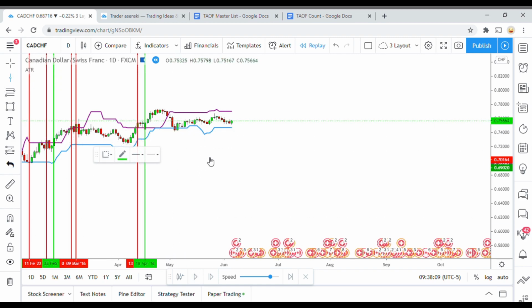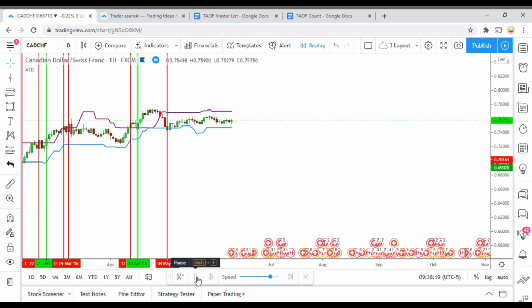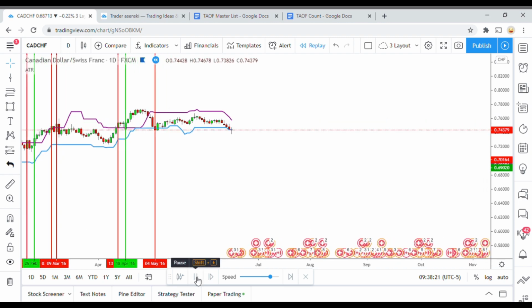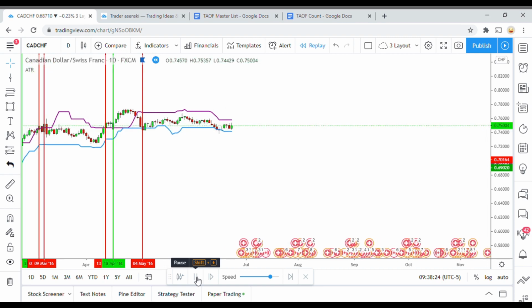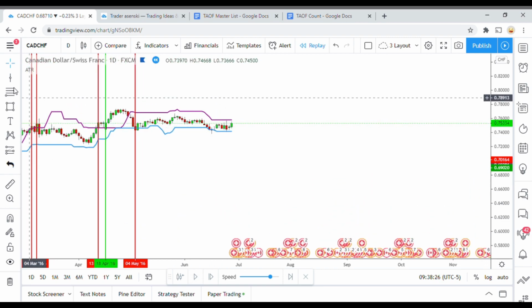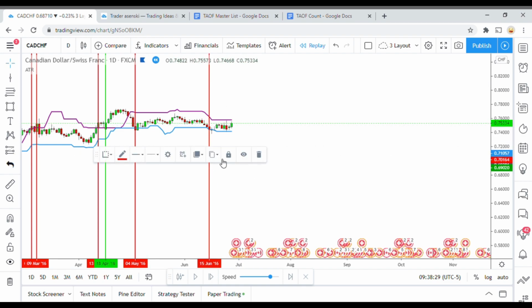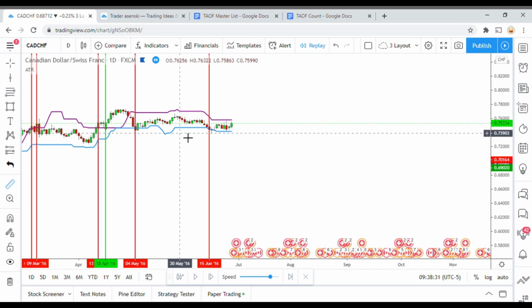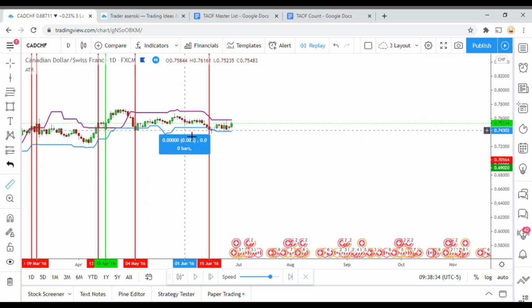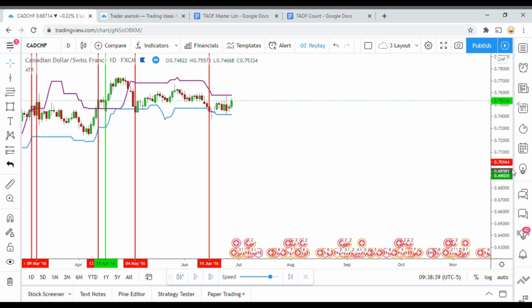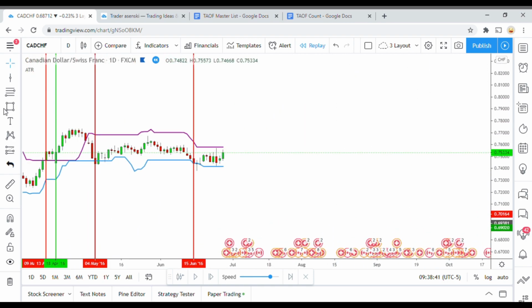Let's see, we get that right there. And you see that it ranged out right there. Move to the downside there. Zoom in on this one a little bit more.